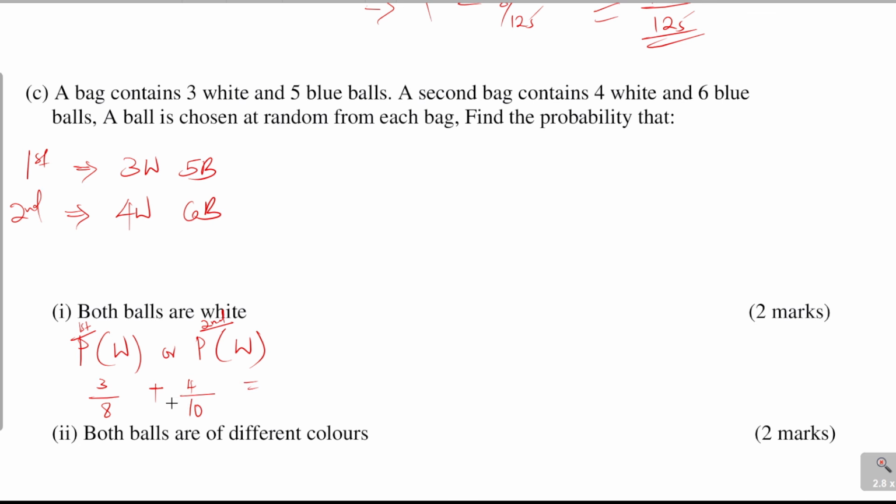So you add these. So 3 over 8 plus 4 over 10. That gives 31 over 40. The solution.